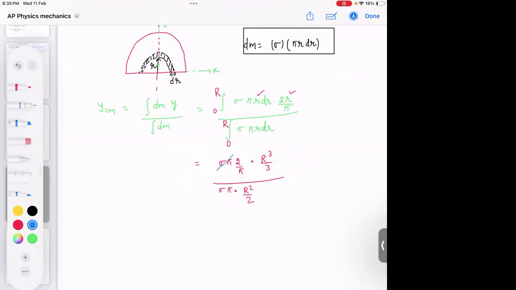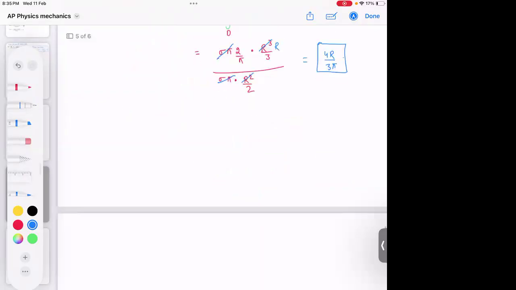Simplified, sigma and pi cancel out, r square and r cancel out, 2 goes in the numerator, 2 into 2, 4r by 3 pi. So this is what I asked you to calculate. Please keep in mind that whenever a body is given to us, we should take the help of integration to calculate the center of mass.